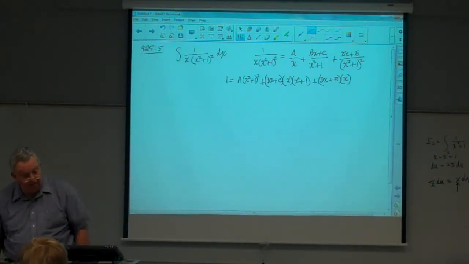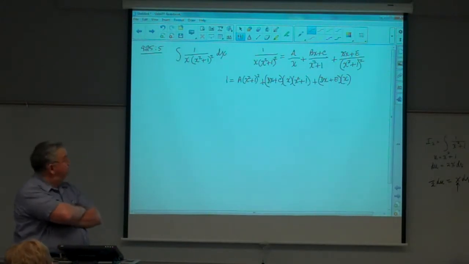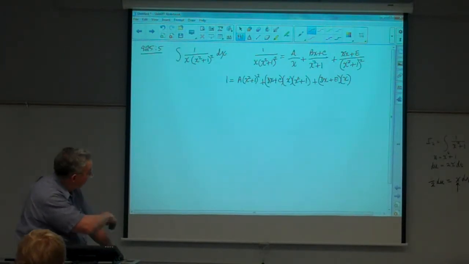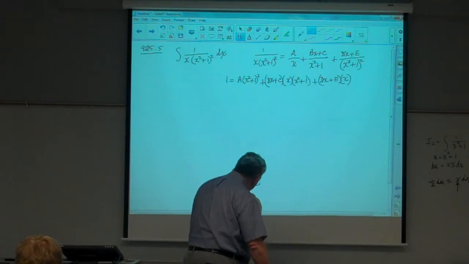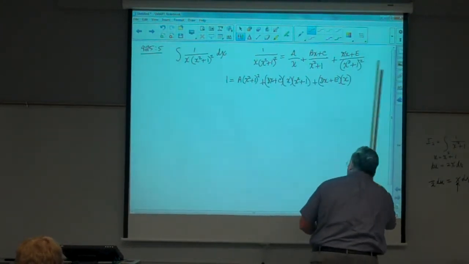What he was saying is, in the original problem, if you had the integral of 1 over x times x cubed plus 1 squared, whenever you get over here to the bx plus c, would it be bx squared plus c? If you had a cube there, you would have this square, then you would have another term right here.